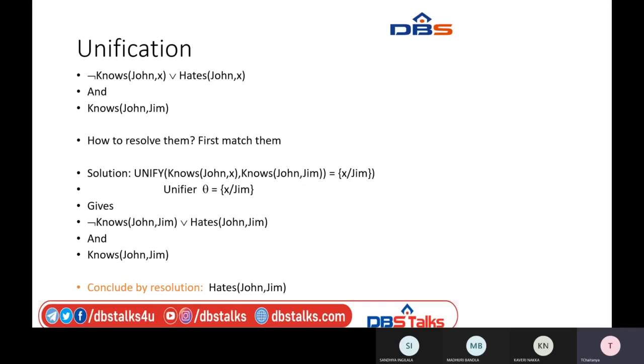So this sentence gives the response knows(John, Jim), with X substituted by Jim, and hates(John, Jim), knows(John, Jim). These two are resolvable only if I take the unification steps. Yes, it is true. So the conclusion by the resolution, hates(John, Jim), is the right conclusion only by the unification.